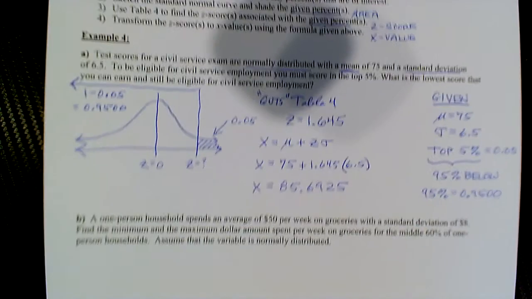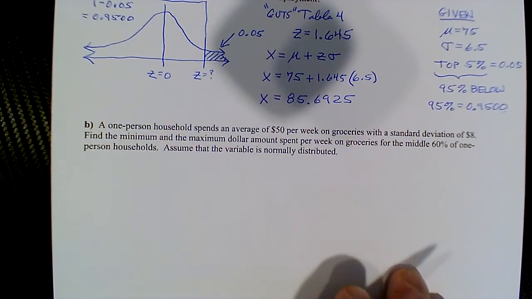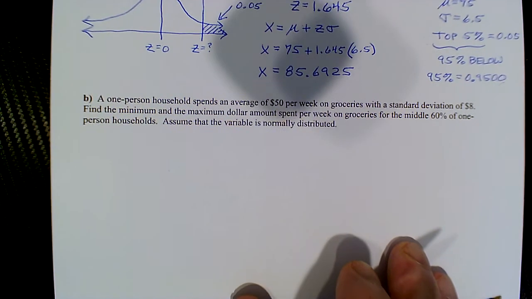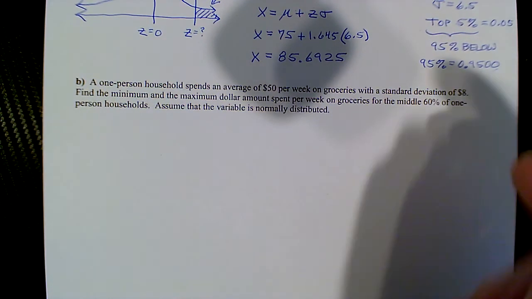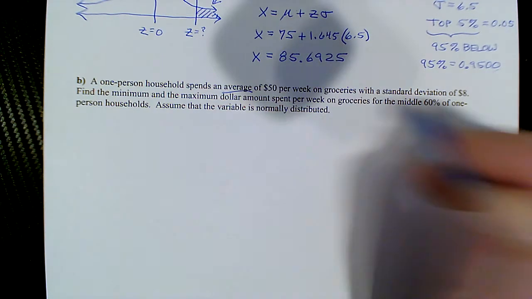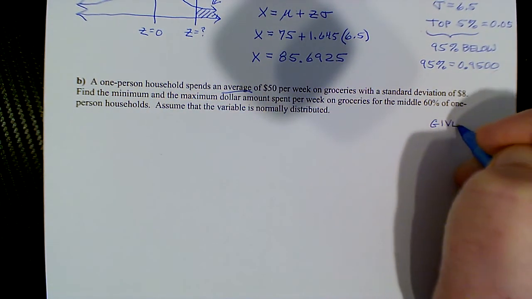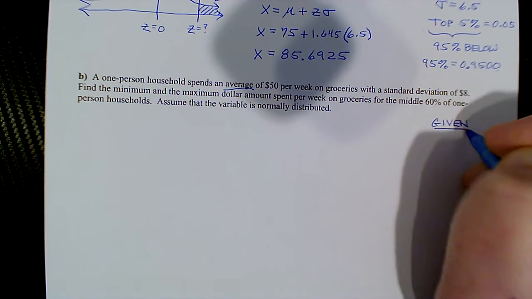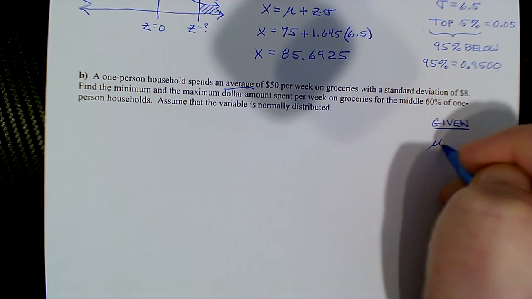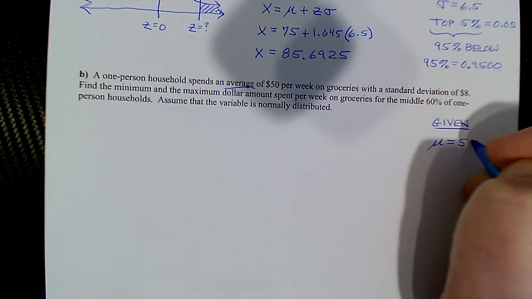Okay, so then a final example for this section. A person spends an average of $50 a week on groceries. It's good practice to just do these givens off to the side. Average mu is 50.